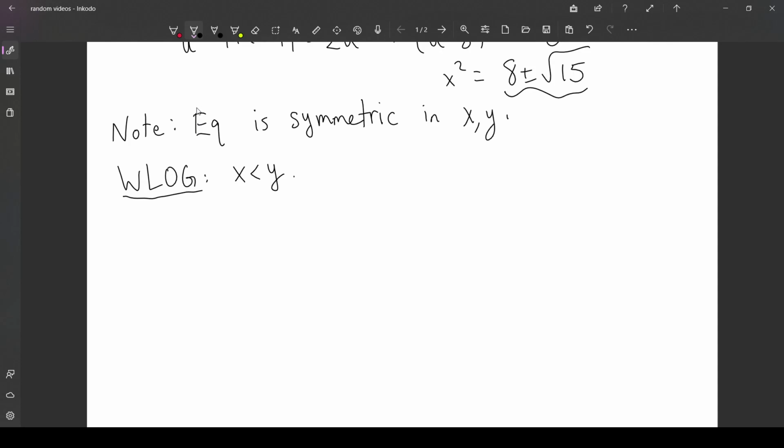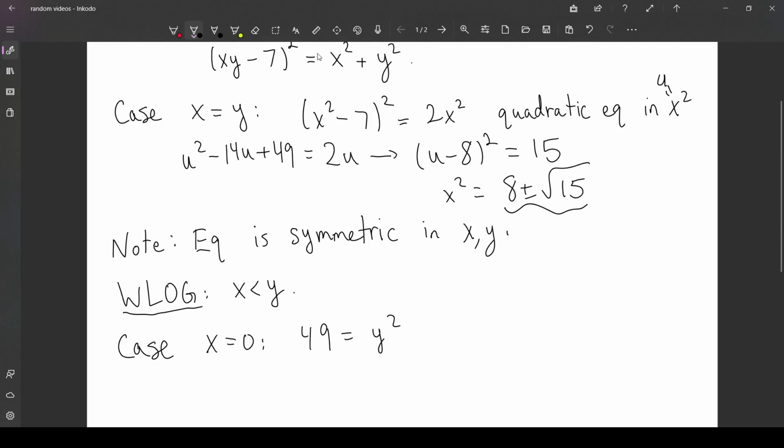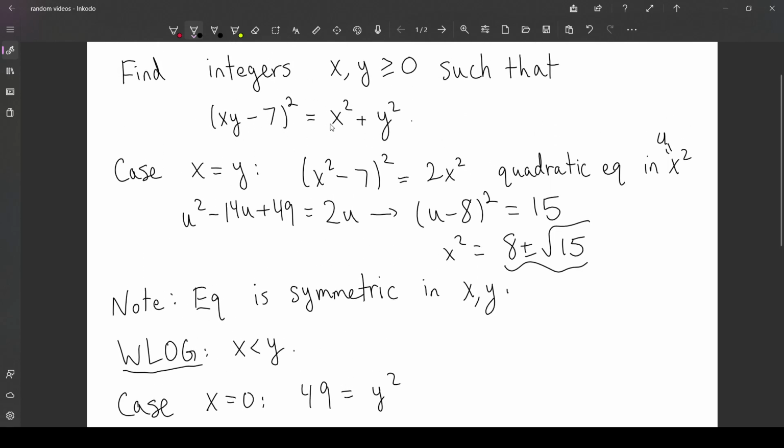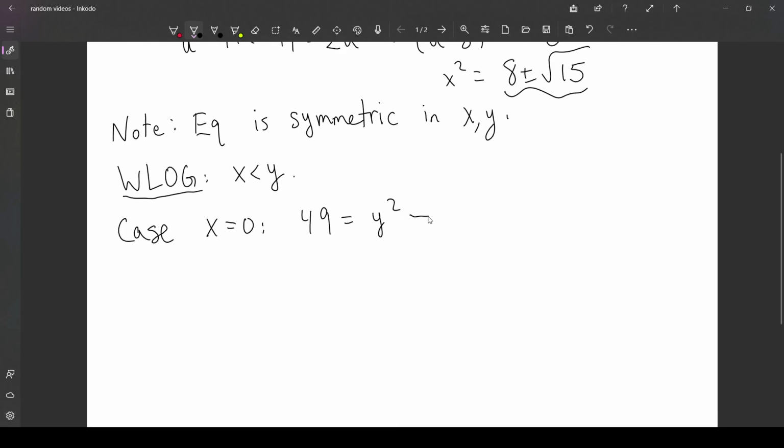Now let's do some other cases. We're going to do casework on x. The first case is if x is equal to 0. Putting that into the equation, x times y is 0, so you get negative 7 squared, which is 49, equals 0 plus y squared, so y squared is 49. y is positive, so y equals 7.